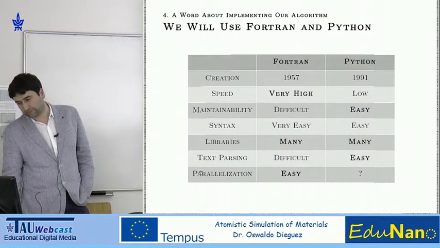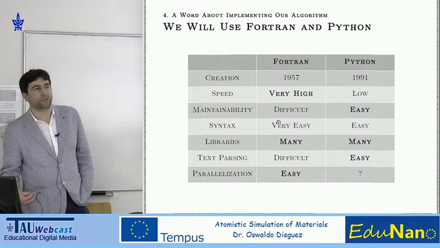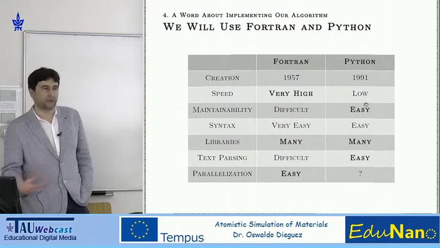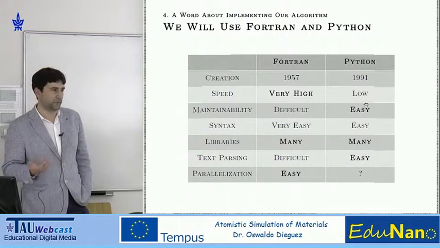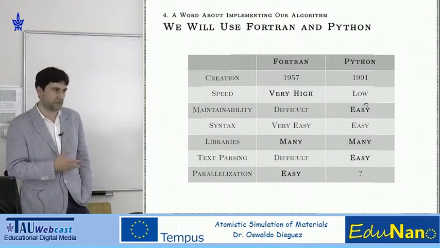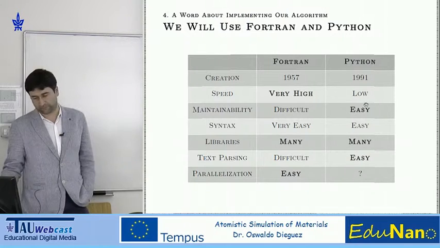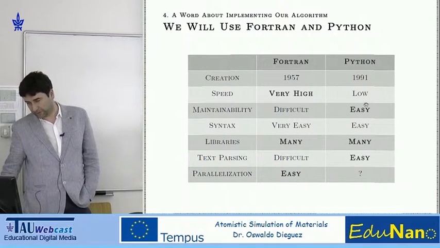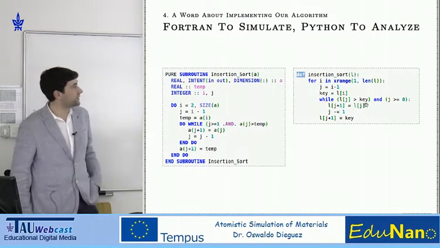So again, to repeat the same point, if you need many numerical calculations, use Fortran. If you need analysis that doesn't depend on speed, it's going to take 10 seconds anyway, and you don't care if it is 10 seconds or 1 minute, use Python. It never took a minute for me to analyze anything. It's always a few seconds. So this is how they look.